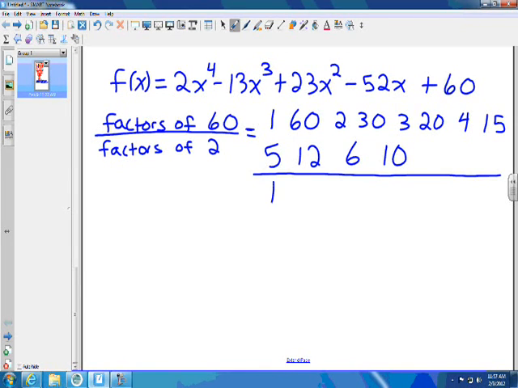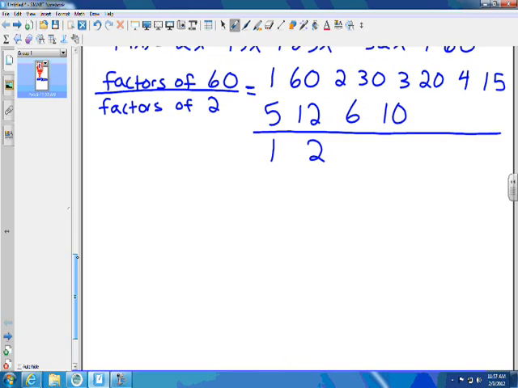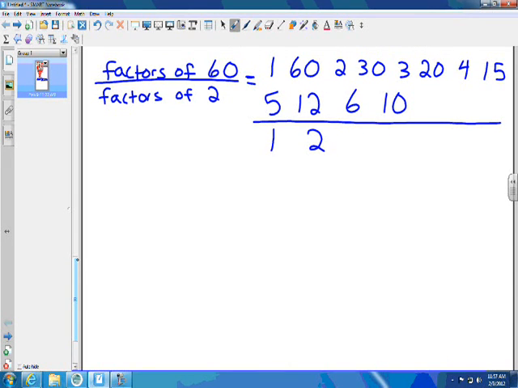And then you simply go through and start listing them. Now, when you list, what's the first one you're going to list? Plus or minus 1. And so we do 1 over 1 and 1 over 2, so plus or minus 1/2.